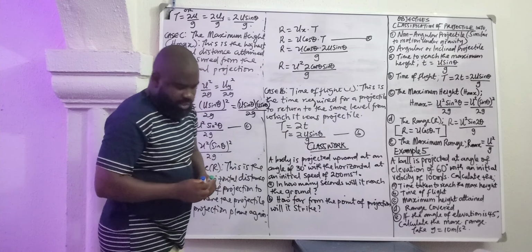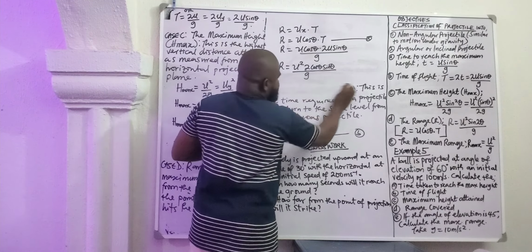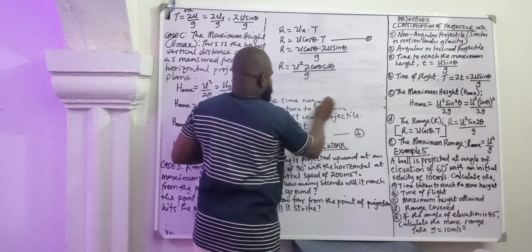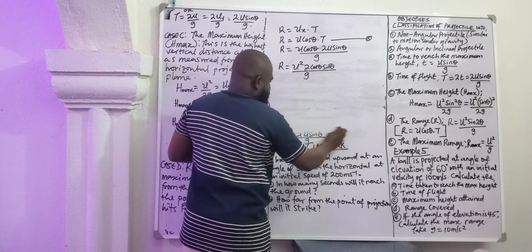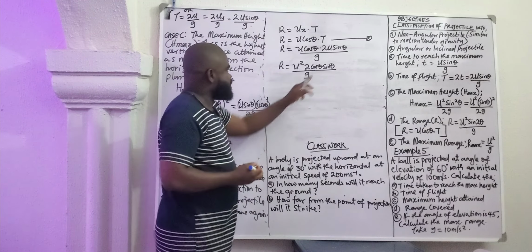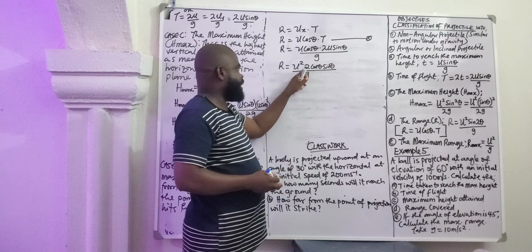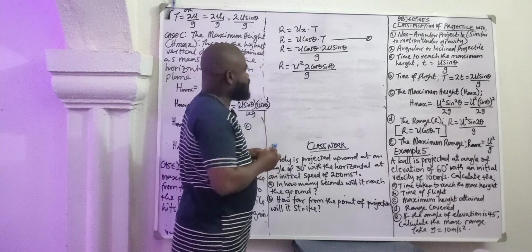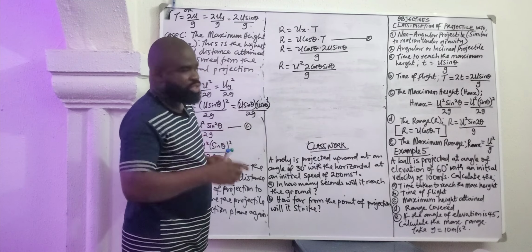Now, there is a trig identity or ratio here. If you press your calculator, let's assume that theta is 30 degrees. If you press cos 30 and then press sine 30 and multiply both together and multiply it by 2, you will discover that it will be the same thing as sine 2 theta.